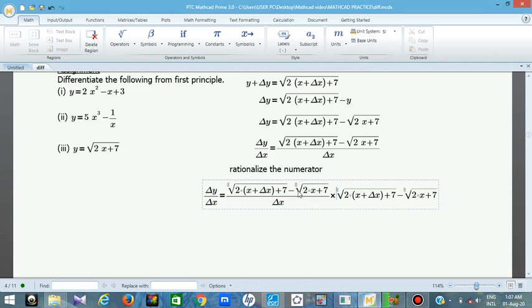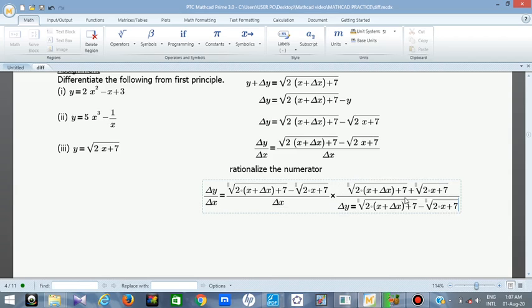Yes, so this same value, but this time around this minus needs to be plus. So that is the only difference from the other one. Then divide by, let me arrange it well, and divided by the same value.